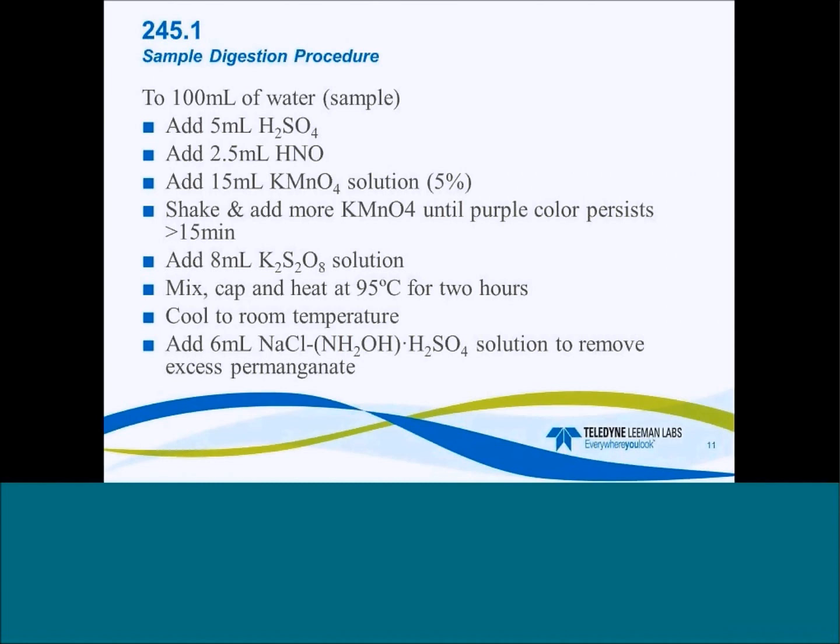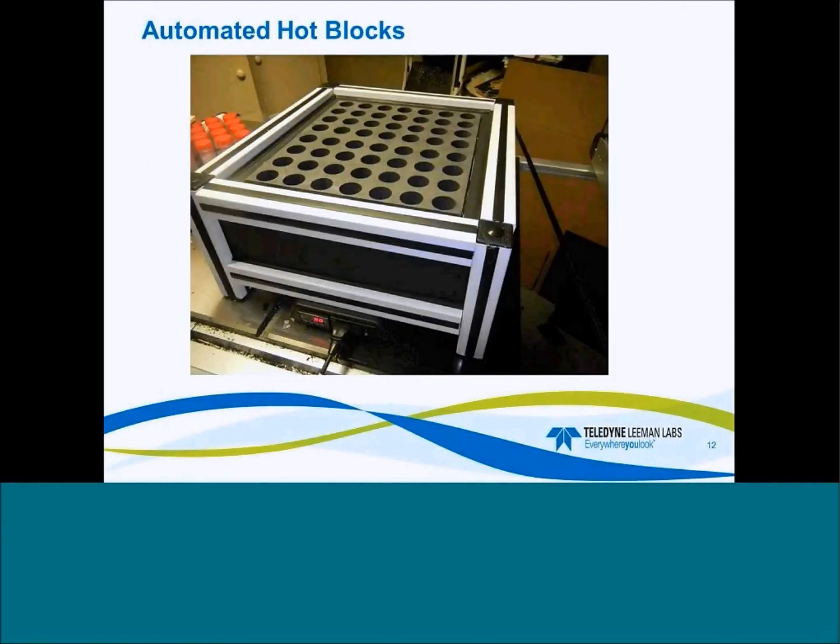At that time, you need to check to make sure that there's still an excess of oxidant present, and then before the analysis, you remove the excess oxidant using a hydroxylamine sodium chloride solution. These additions end up giving you about a 50% increase in the total volume of your solution. So there is some dilution involved.